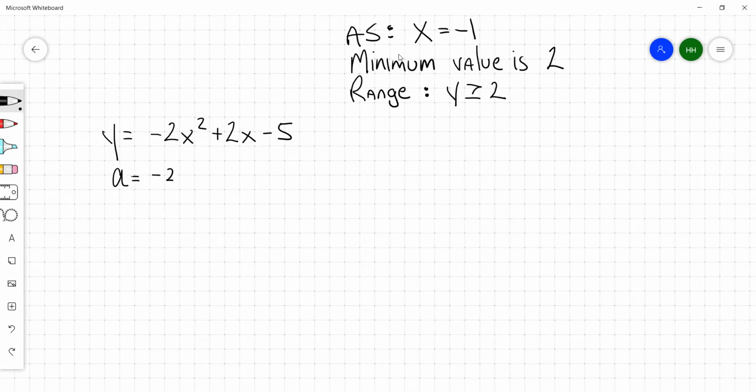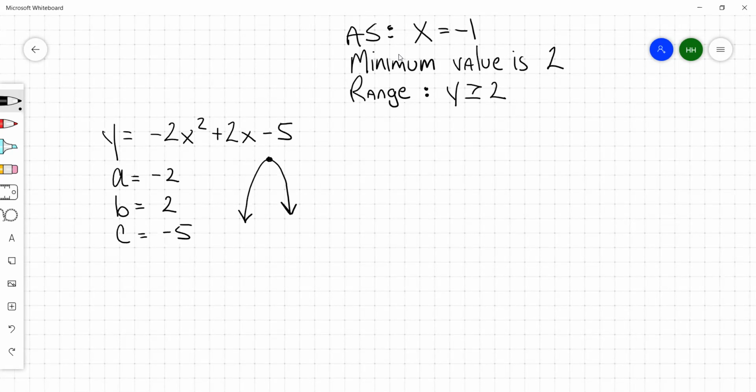So our a is negative 2, our b is positive 2, and our c is equal to negative 5. Is this thing going to go up or down? It's going down. Good. It's going to look something along these lines. It's going to go down, because a is negative.